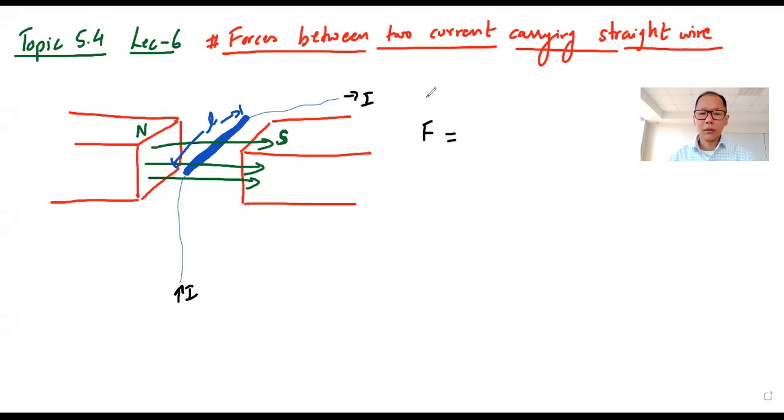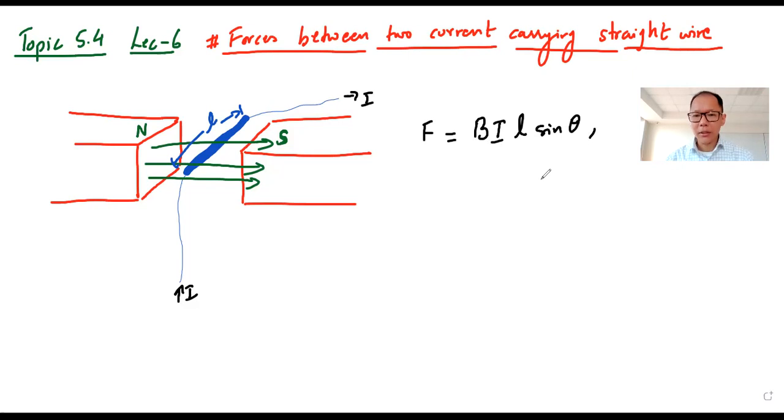So if you want to find how much force acts on that particular wire, then it's basically given by B I L sine theta. So that's the formula that you have to remember. Where L is the length of the wire, I is the current flowing through the wire, and B is the magnetic flux density that the wire is placed in.